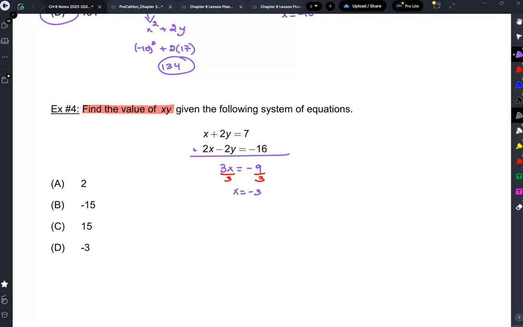Okay, so let's use that first equation now. Negative 3 plus 2y equals 7. Ooh, what am I going to do now? Do I add 3 or subtract 3 now? Yeah. Add 3.